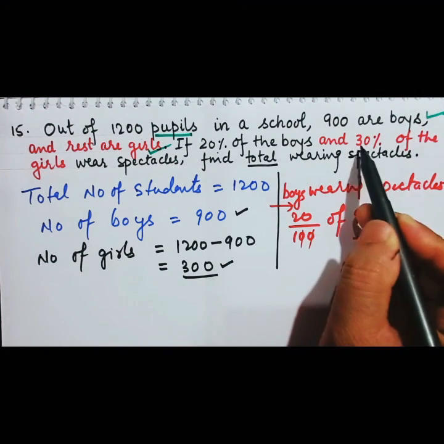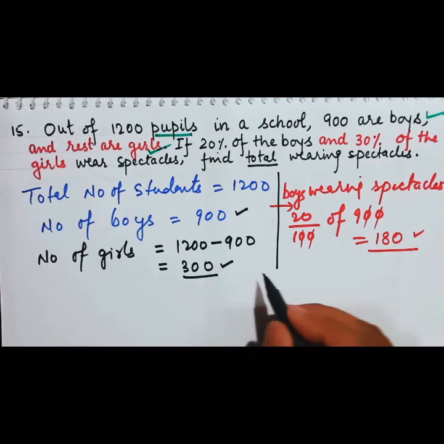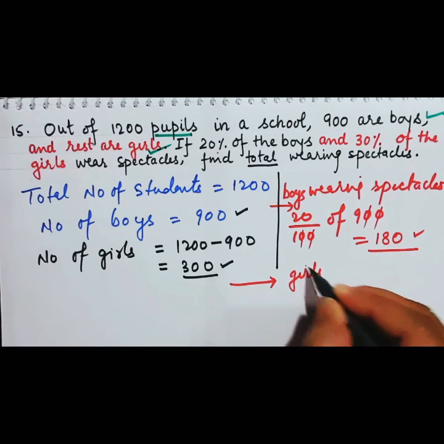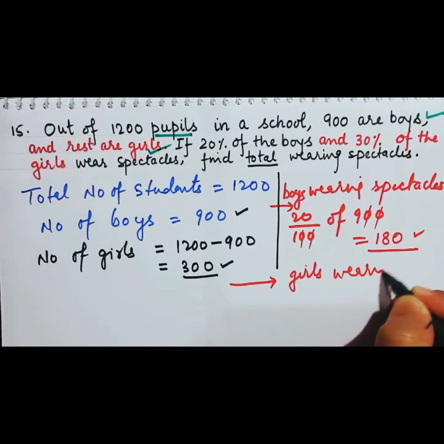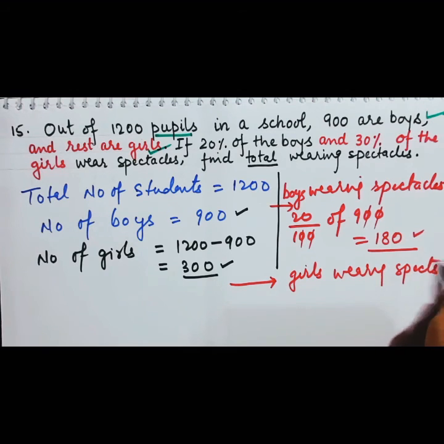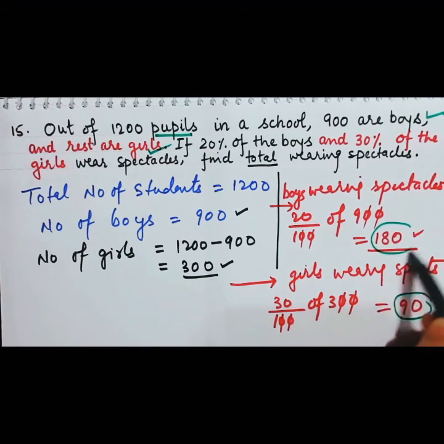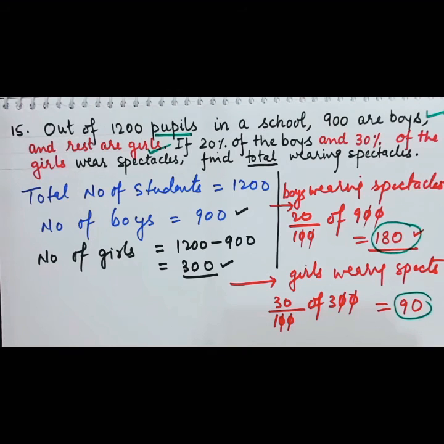Now, what about this 30%? 20% of the boys and 30% of the girls wear spectacles. So once again over here, girls wearing specs, 30%. So 30% of this 300 will give you 90. This means 90 girls wear spectacles and 180 boys wear spectacles. Find the total wearing spectacles.